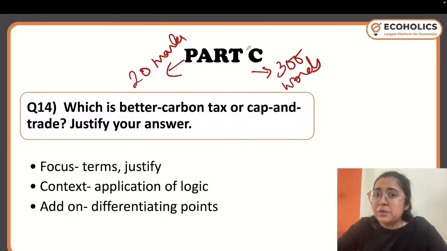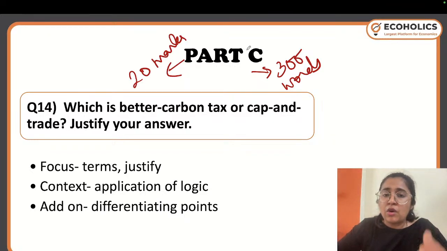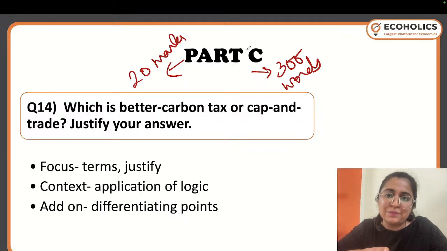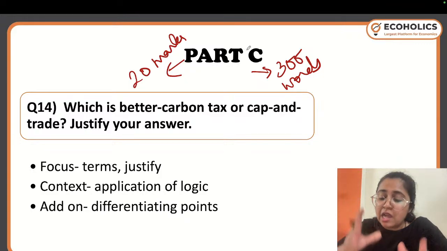But 300 words means more responsibility on you, because each of those words means you are getting a chunk of marks which are going to go into your merit score. These bulky questions with bulky marks are going to actually decide your merit score. That's why these questions need to be taken very seriously, and the answers need to be taken care of much more.